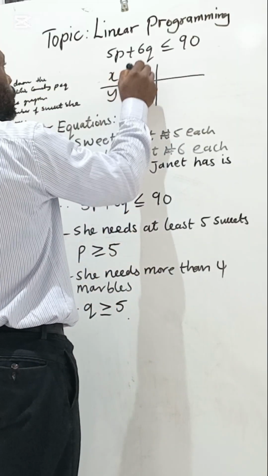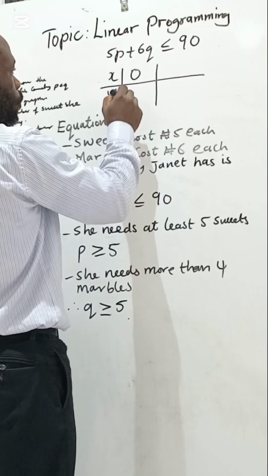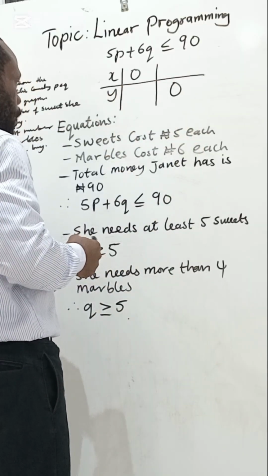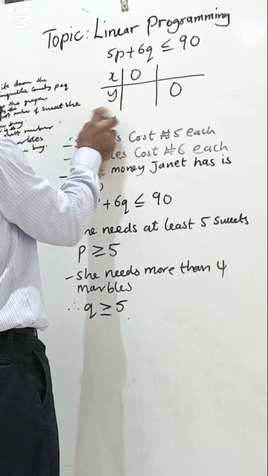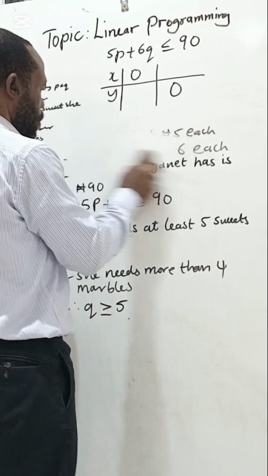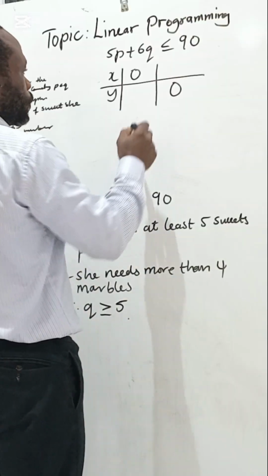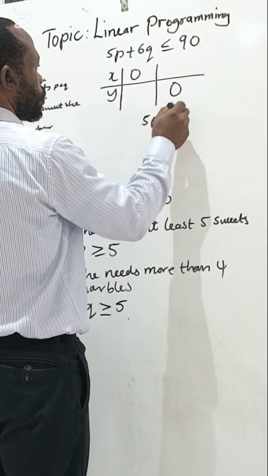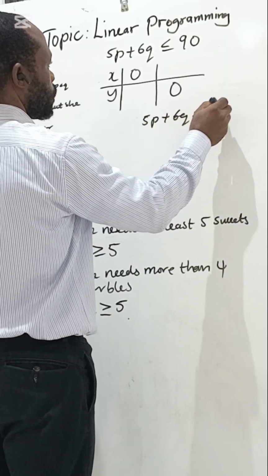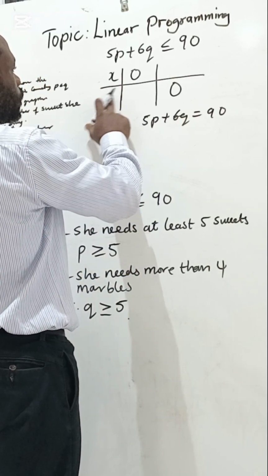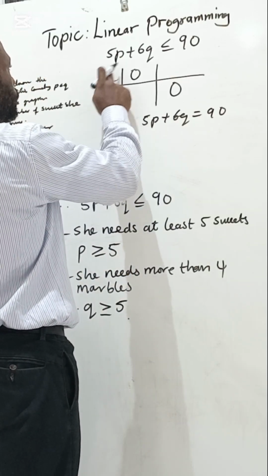I'll take 0 when p is 0 and when q is 0. So I'm going to substitute these values into the equation 5p plus 6q is equal to 90. Sorry, this should be q and p.